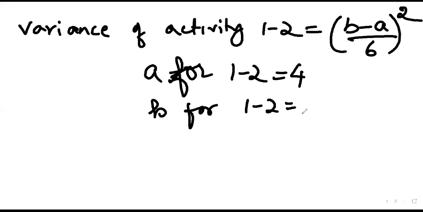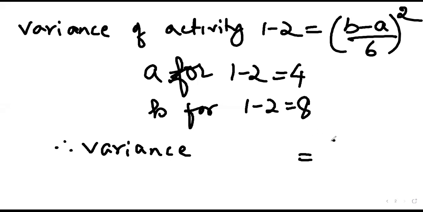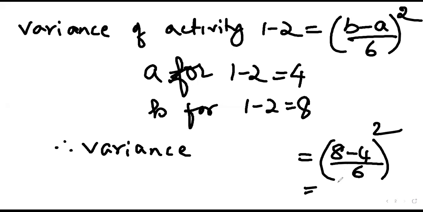The value of A is 4. Value of B, 8. The variance is 0.44 for the first activity. Likewise, we have to calculate for the rest of them.